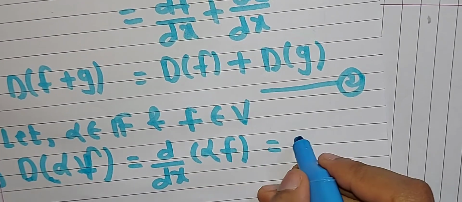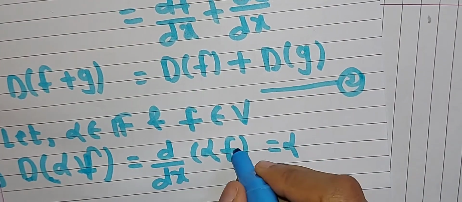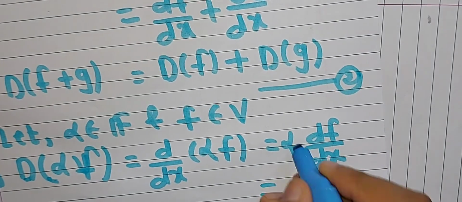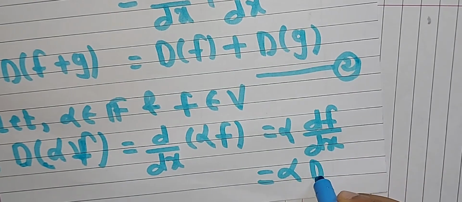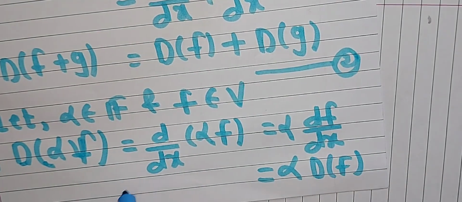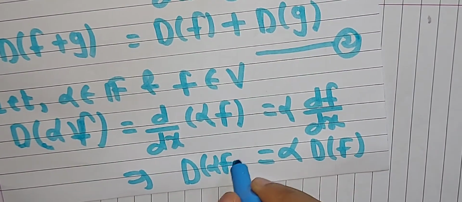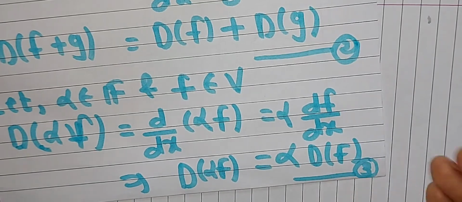Alpha is a constant, therefore take it as a common element, and d by dx applies on the function, that is df divided by dx. Hence alpha, and with the help of equation number 1 we can write this as D of f. Hence we have obtained D of alpha f is equal to alpha D of f, and we denote this as equation number 3.